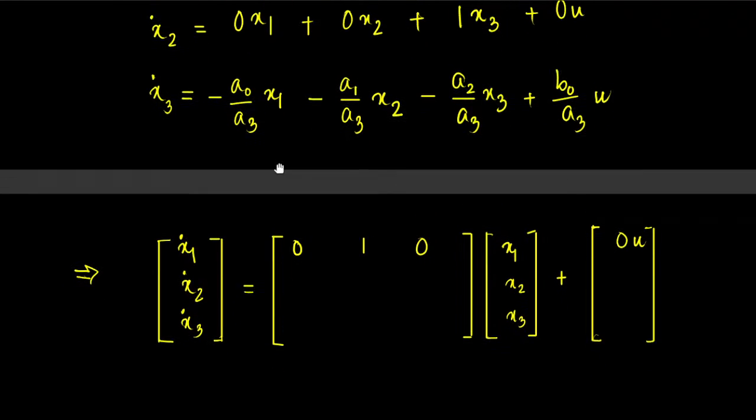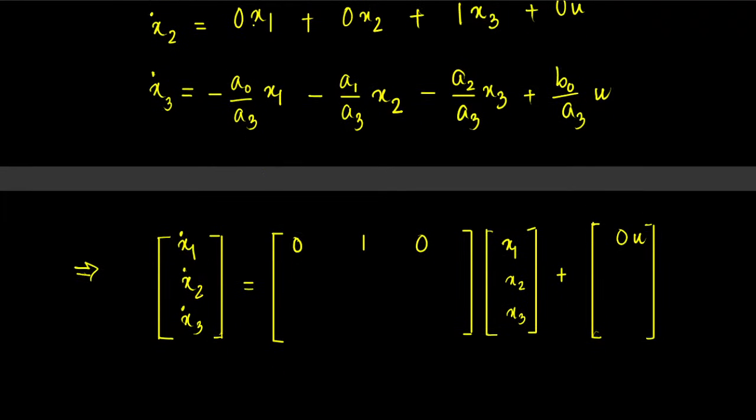What about the next one? In the next one I have 0x1 plus 0x2 plus 1x3 plus 0u. So 0 multiplied with x1, 0 multiplied with x2, 1 x3, and 0u. And for the last one, if you do the multiplication, 0x1, 0x2, 1x3 plus u, that is giving you x2 dot.